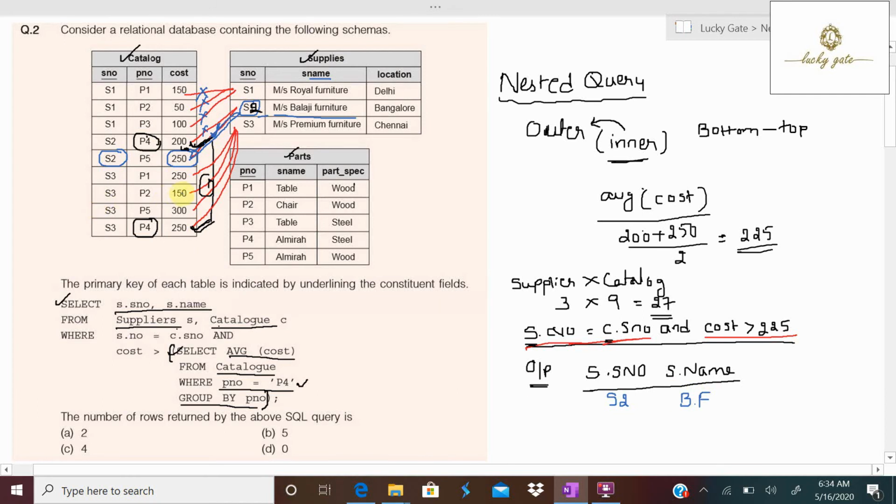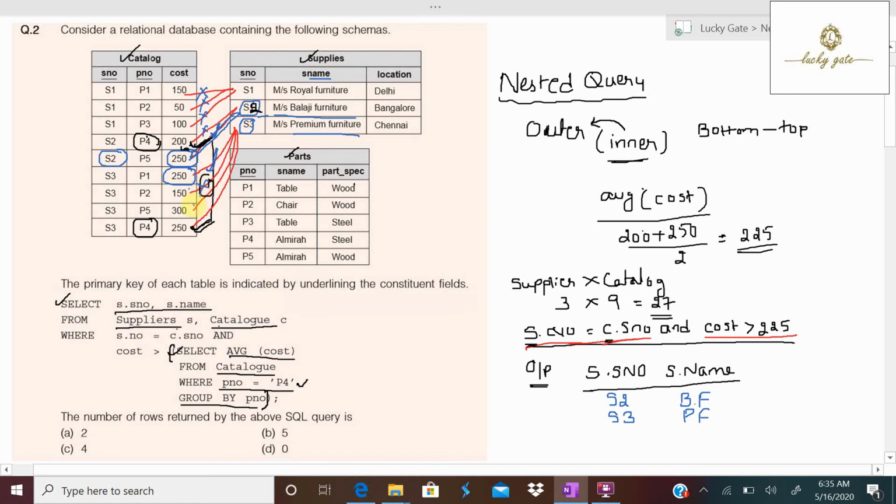Now we'll check other matchings similarly. Here cost 250 greater than 225 is true for this combination, so for this combination also S3 and Premium Furniture will be in the final output. Here S3 Premium Furniture in the output. And next tuple, this is 150 greater than 225, wrong.